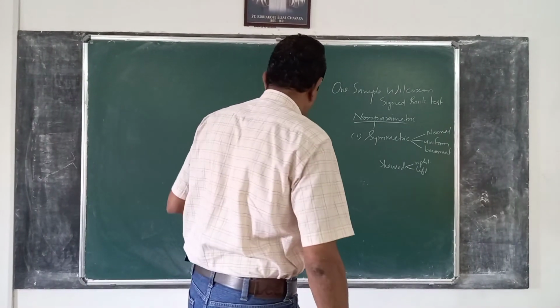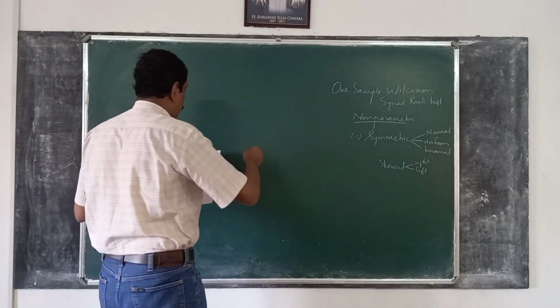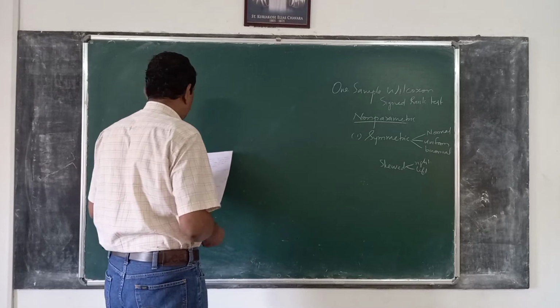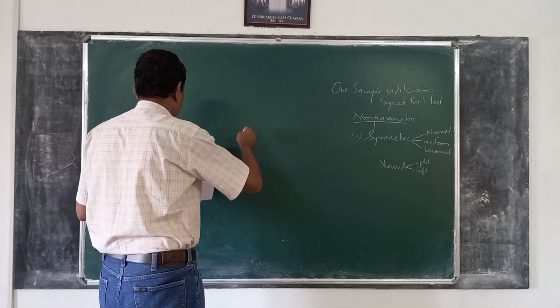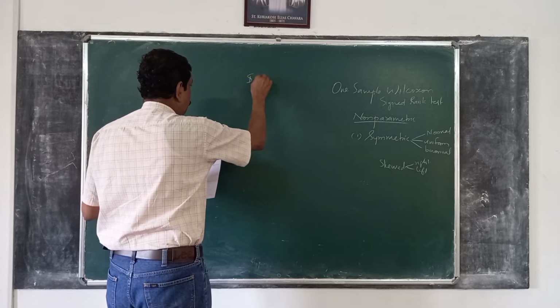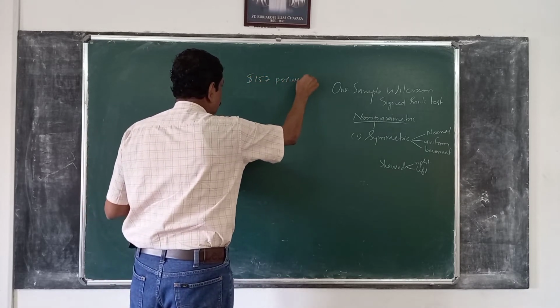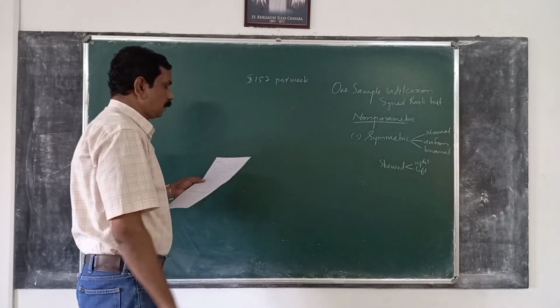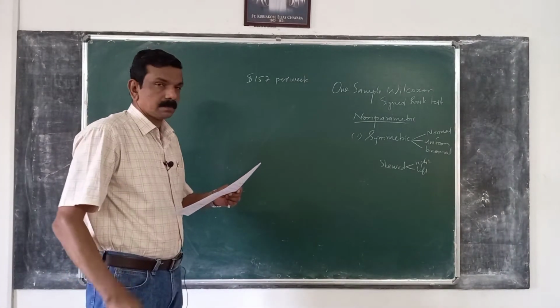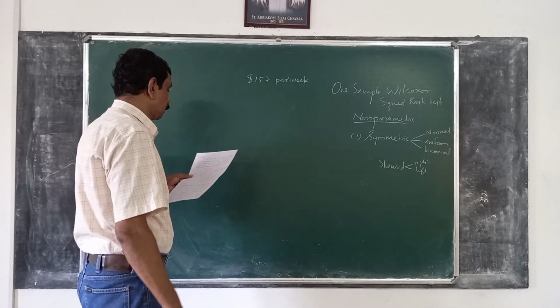The food cost for a typical US family of 4 is estimated to be $157 per week. That is the average food expenditure of a US family of 4.